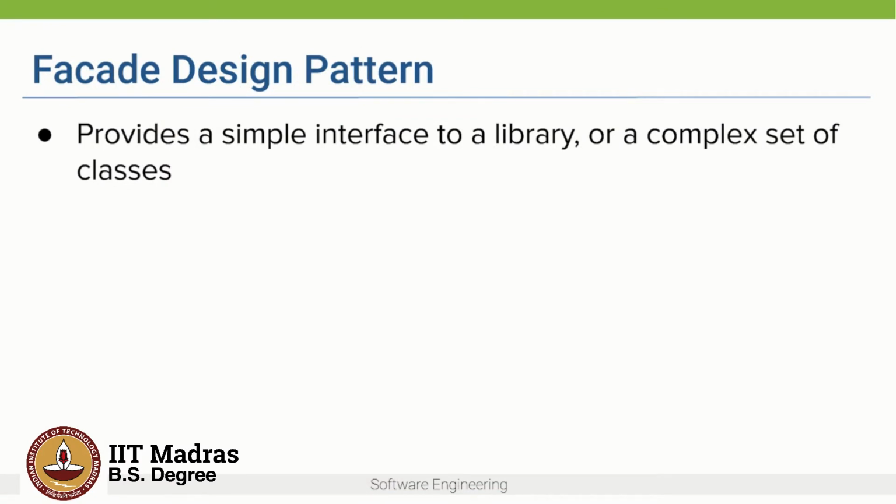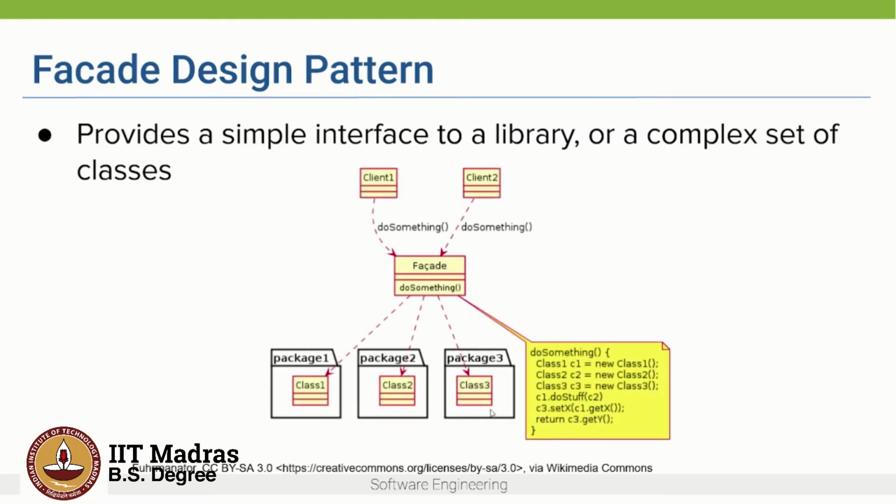A facade design pattern provides a simple interface to a library or a complex set of classes. For example, let's say there are several functions and classes which need to be called for a particular operation. In the facade design pattern, you create a class which has a method which calls all the required functions and places them in a single method.